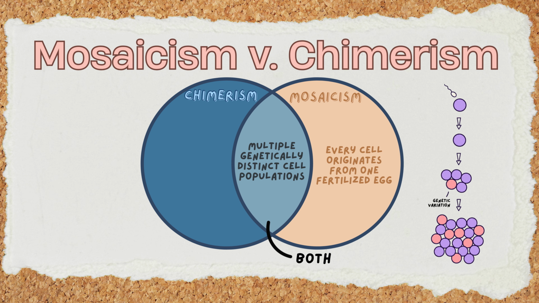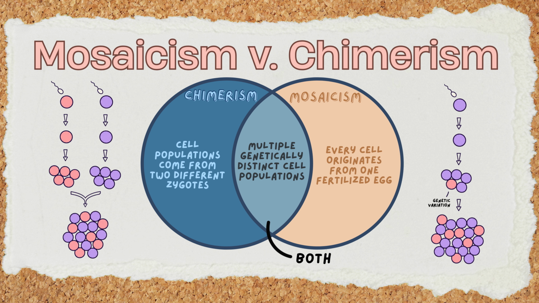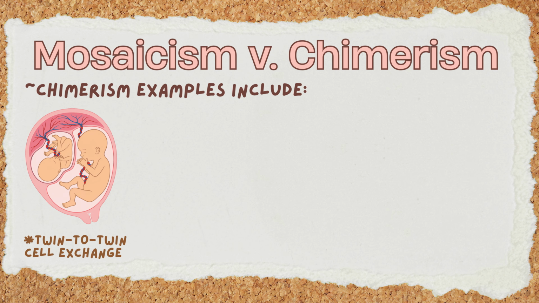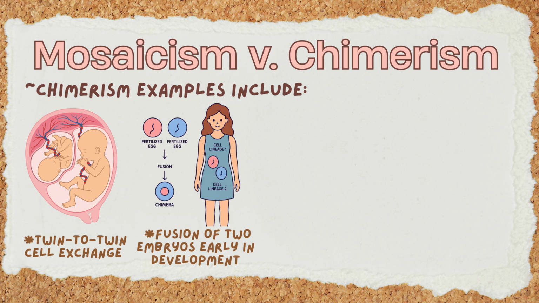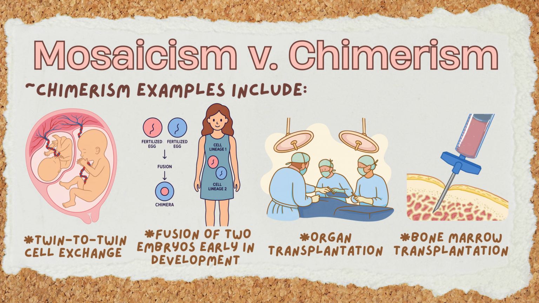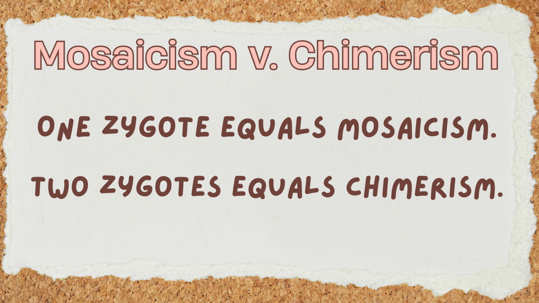In chimerism, the genetically different cell populations come from two different zygotes. Chimerism examples include twin-to-twin cell exchange, fusion of two embryos early in development, organ transplantation, and bone marrow transplantation. So remember, one zygote equals mosaicism, two zygotes equals chimerism.